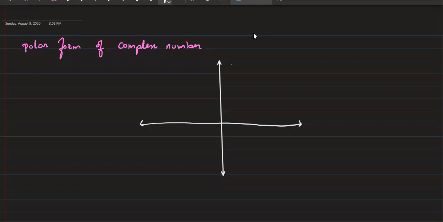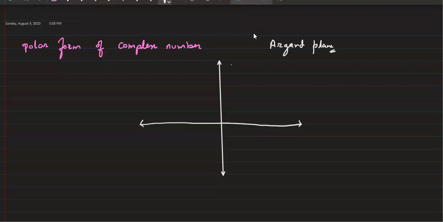I hope everyone remembers that. So this representation, this xy axis as real number and imaginary number, is called as Argand plane.